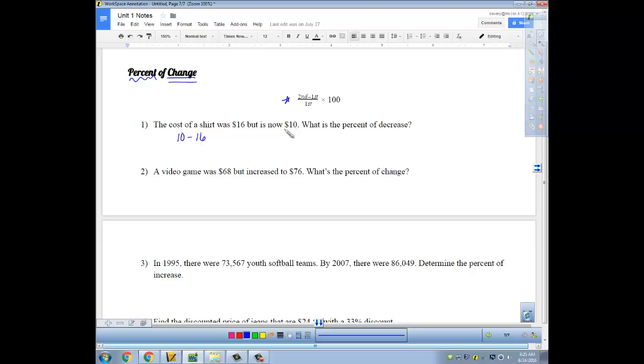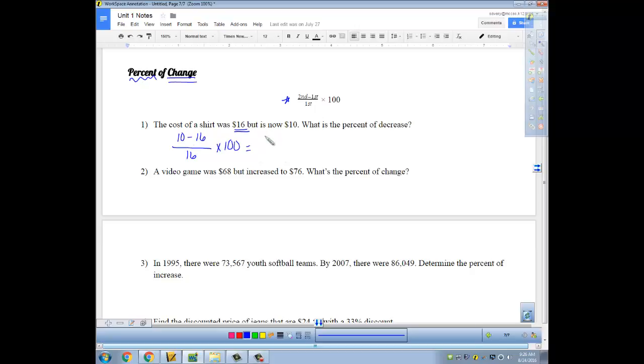But there's also a way to figure it out at the end of the problem if you make sure that you do your second number minus your first number at the beginning. Just know that if you need to know increase or decrease, you can just look at the original problem and see, did it go up or did it go down? Okay, so we're finding the change, we subtracted, and we divide it by the first number. So the first number was 16, and then times 100 to move the decimal over to make it a percent.